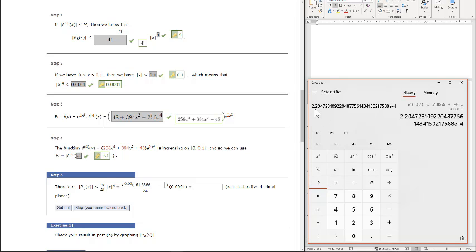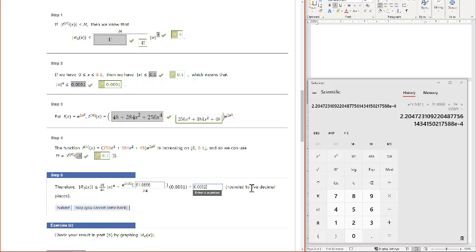Let's see. We want to round to 5 decimal places. This is in scientific notation. I think we can just move the decimal place 4 places to the left. 1, 2, 3, 4. So that's going to have 3 zeros.